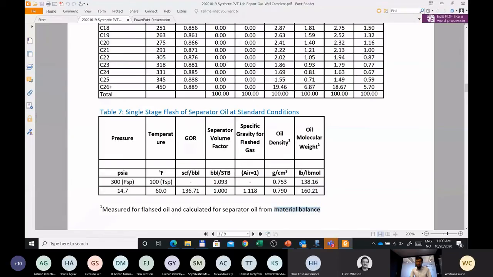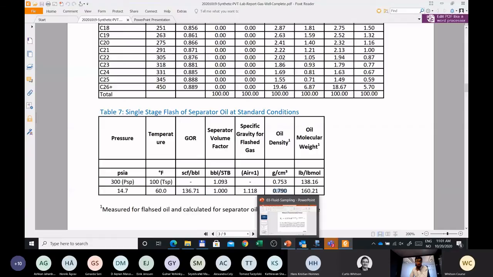We're going to discuss later how you can calculate from the material balance for the separator oil, but it's measured for the flash oil. So this is measured, and also the density is measured for the flash oil. This is the footnote coming from this number here. So we know that the density and molecular weight are measured for the flashed oil, so we can use these two numbers in the Watson characterization factor calculation.